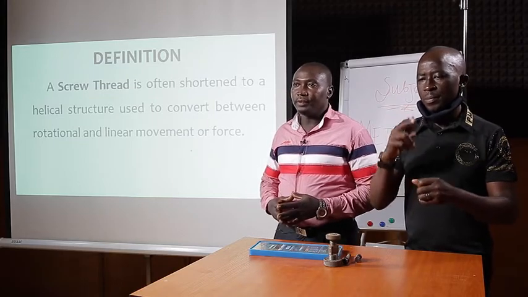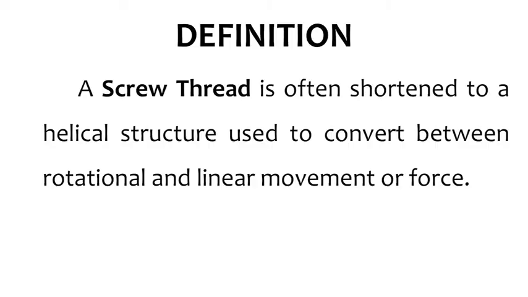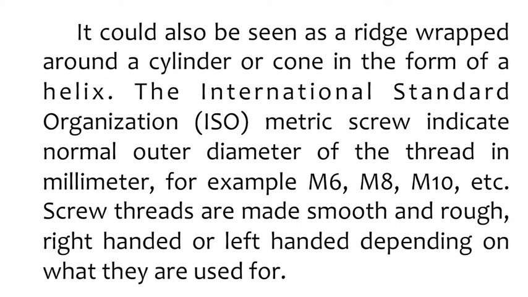A screw thread is a helical structure used to convert between rotational and linear movement or force. It could also be seen as a ridge wrapped around a cylinder or cone in the form of a helix.